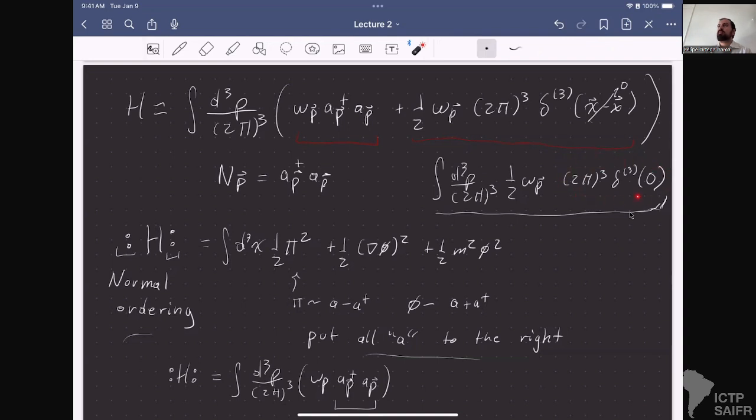So this term in here is going to be proportional to the volume. If you wish, this is just the fact that we have an infinite size universe, and if we divide the full Hamiltonian by this term, then we are looking at the Hamiltonian density. So this is a little bit more sensible quantity to calculate.